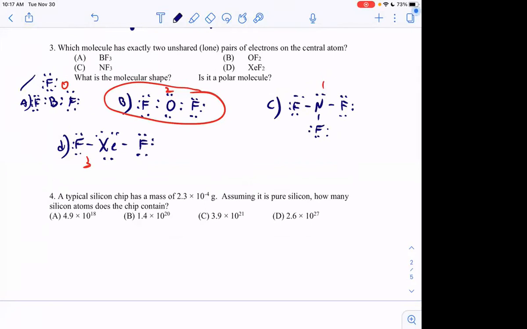A, what's the molecular shape? Trigonal planar, right? Don't go by the Lewis structure. It looks like T-shaped, right? Those are all going to be spread out equally around the boron because there's no lone pairs. So it's trigonal planar. So is it polar? No, right? Because they all cancel out. It's symmetrical.